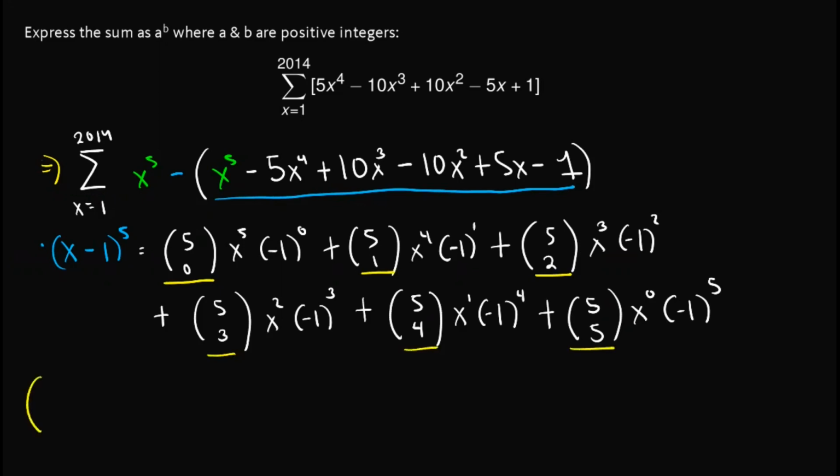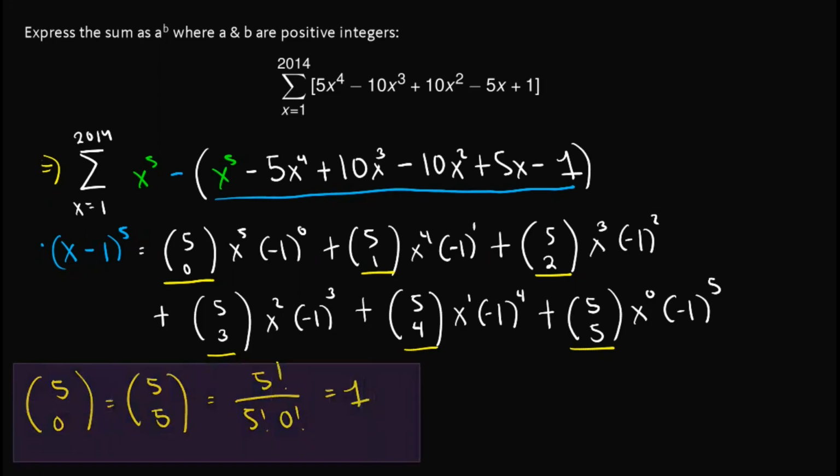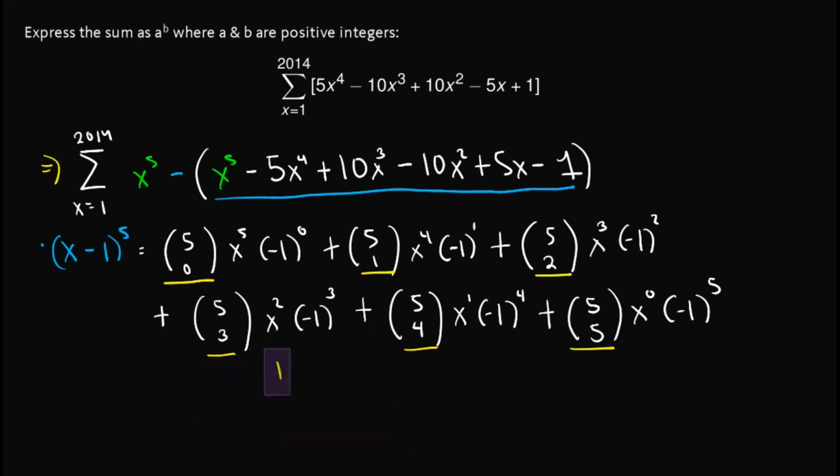Note that the combination of 5 and 0 is equal to the combination of 5 and 5, which is equal to 5 factorial over 5 factorial times 0 factorial, or simply 1. So let's replace it from what we have. This one would become just 1, and this one would also become just 1.